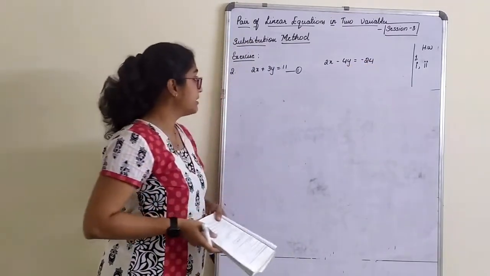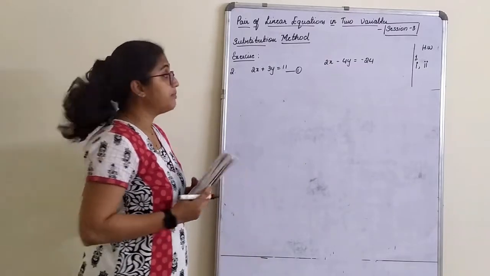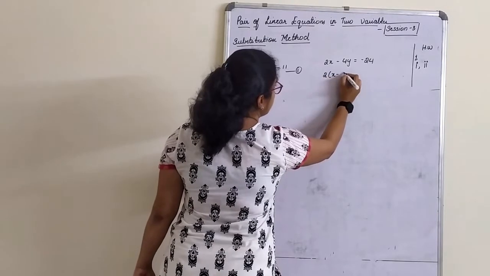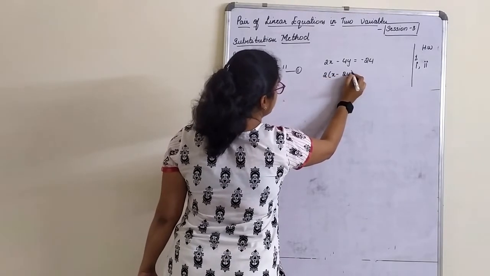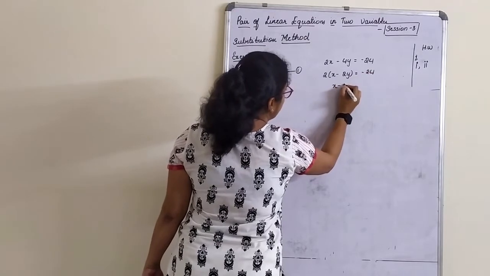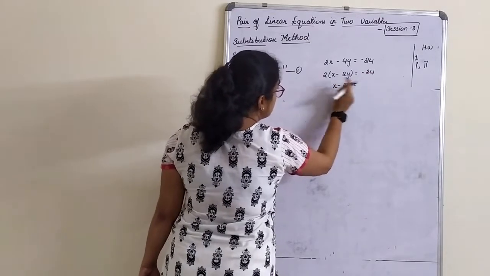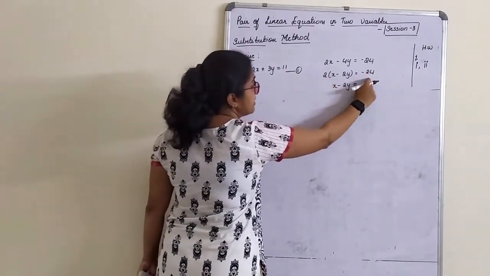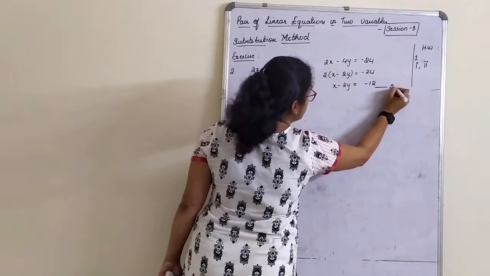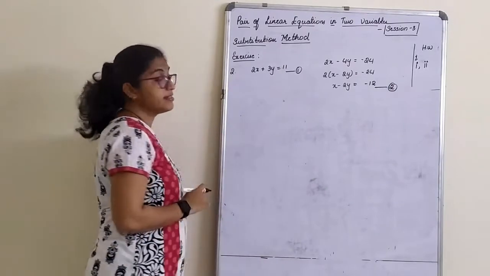Now children, see here, equation 2 if you want you can re-simplify it. How? I take 2 common. x minus 2 2s are 4 is equal to minus 24. x minus 2y is equal to, this 2 divides here, minus 12. The equation is much easier for us to solve than this, right?